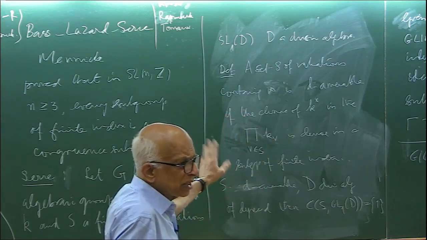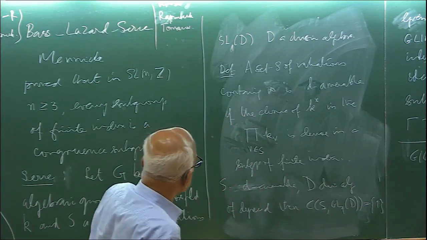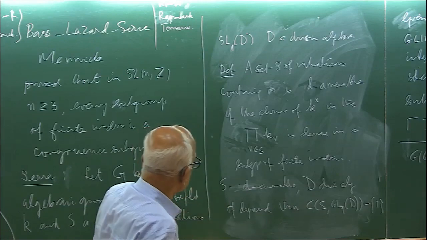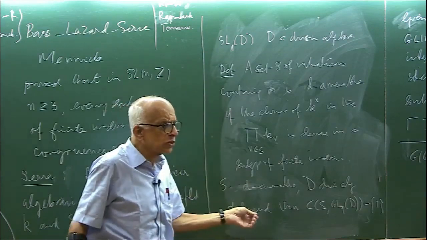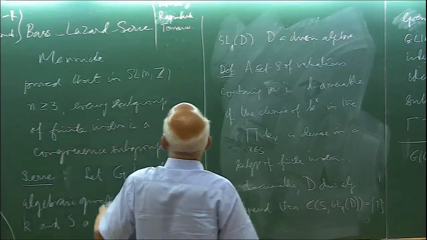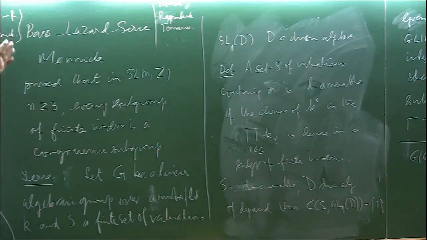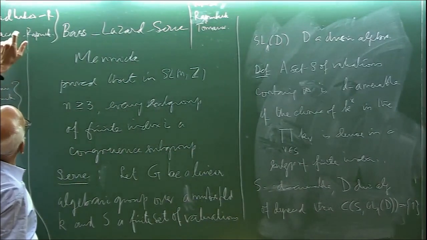It's a technical definition, unfortunately, can't be helped. But this is the new result, which is essentially the same result, a slightly weaker one, also proved by Prasad and Rapinchuk. And this result, as I said, is due to Radhika and myself. And there's the Prasad-Rapinchuk theorem, which is slightly weaker than what we have.